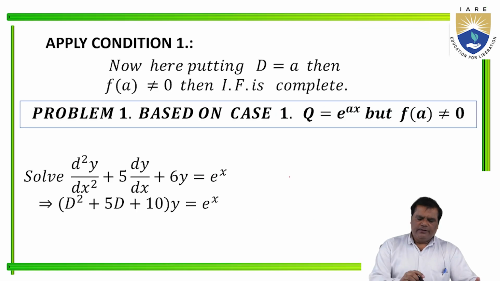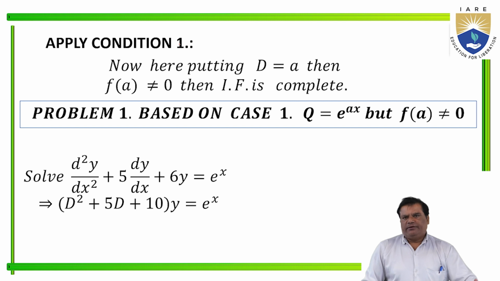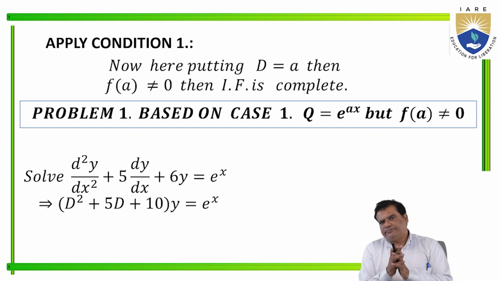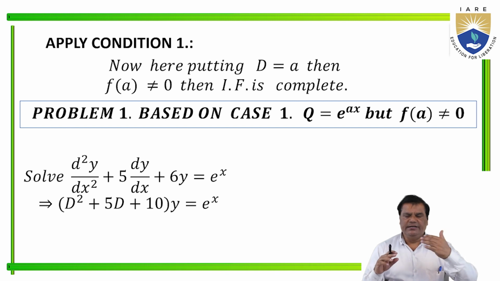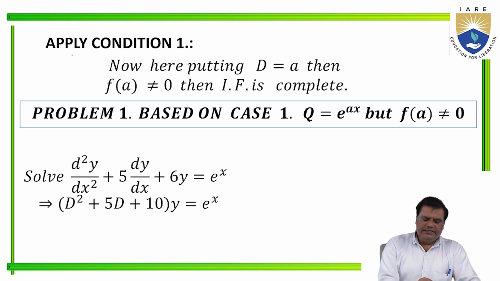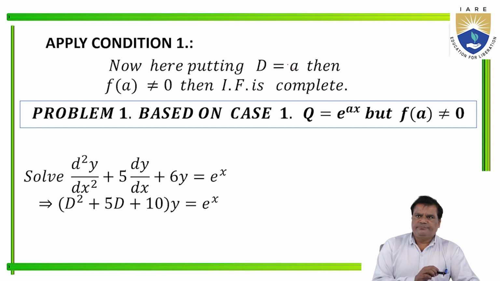So here apply condition 1. In each case there are conditions. What is the condition? Putting D equal to a, then f(a) is not 0. How can we put D equal to a?